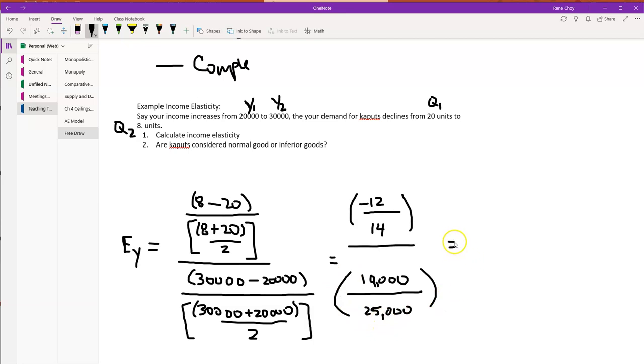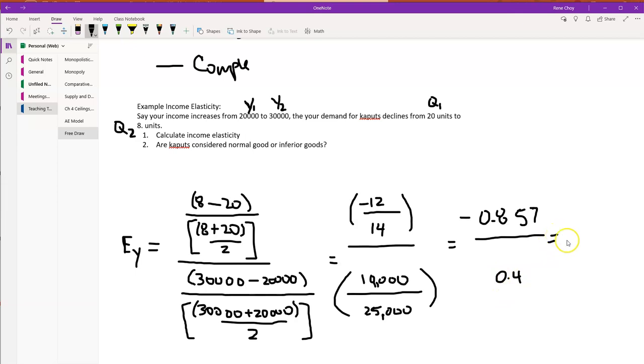Okay, so now we're going to solve this right here. Just 12 divided by 14. Notice that it's negative, so I'm going to keep carrying that. Negative 0.857. Then I got 10,000 divided by 25,000, and I got 0.4 here.